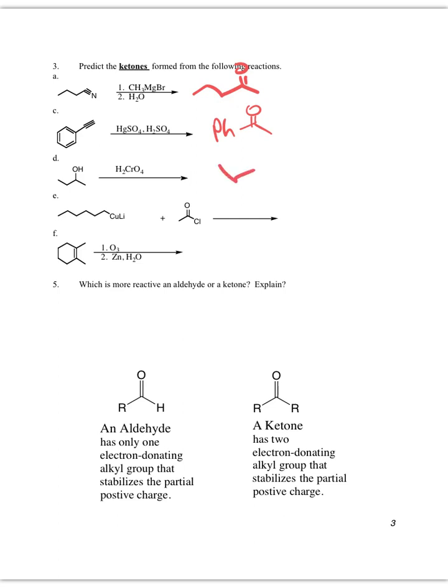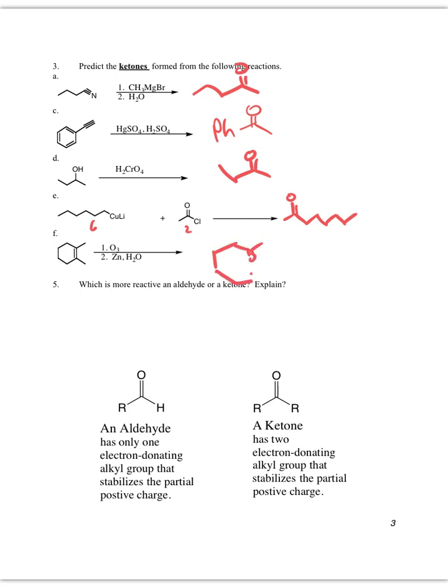Chromic acid gives us the ketone. The cuprate and the acid chloride, 2, 3, 4, 5, 6. We have to be careful. How many carbons do we have? We need to draw it correctly. So we have the 2 carbons of our acid chloride, and we add 6 carbons on from the cuprate. So we're going to get the 8 carbon ketone.